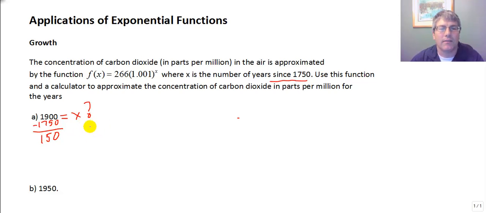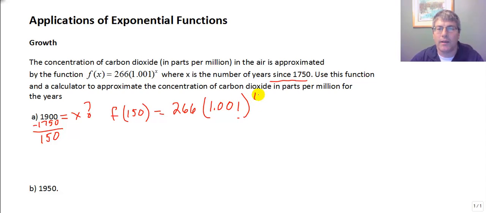So in this example, our x is 150. It's 150 years after 1750. So we are going to work with f of 150 equals 266 times 1.001 all raised to the 150th power.